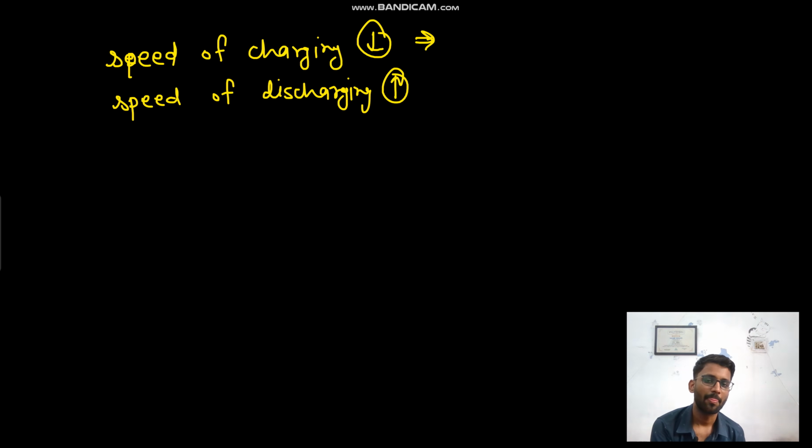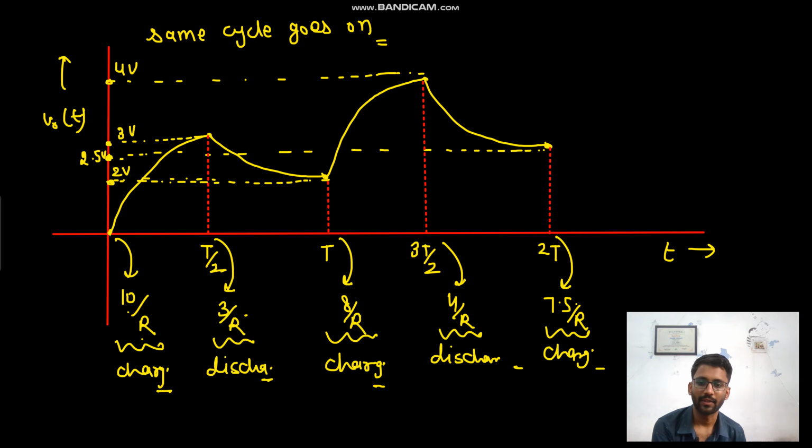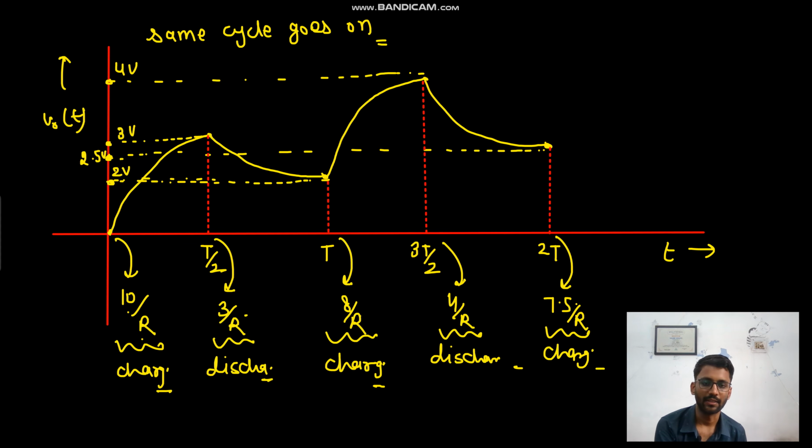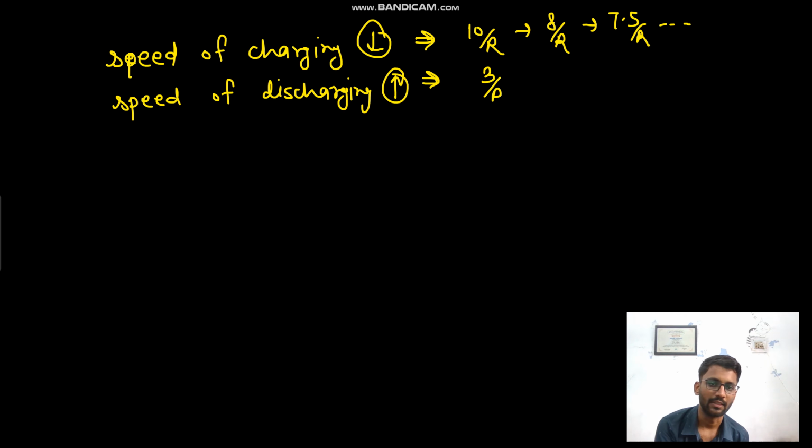Okay, the speed of charging is getting reduced from 10 by R to 8 by R to 7.5 by R and so on. The speed of discharging is getting increased, so 3 by R, 4 by R and so on.